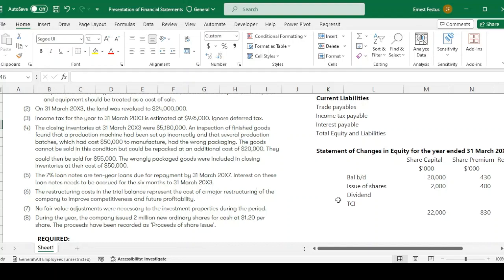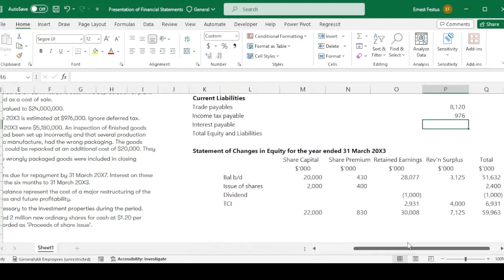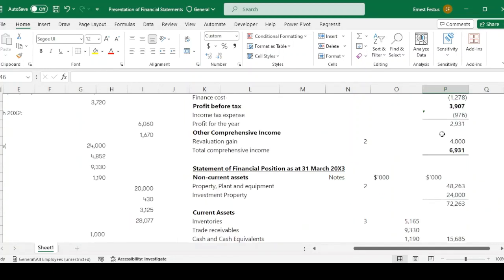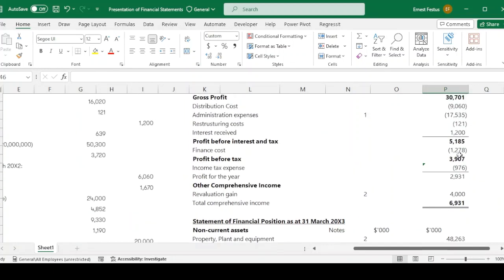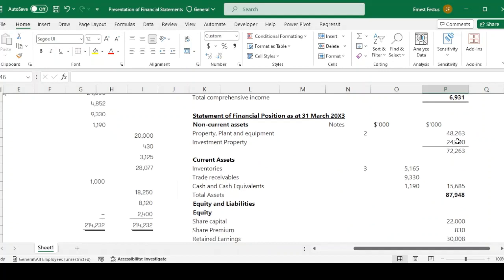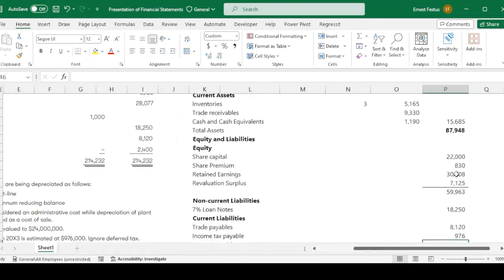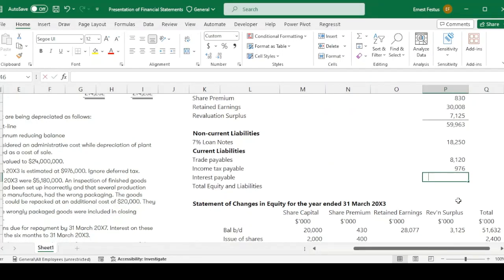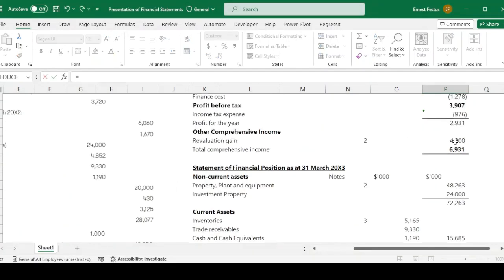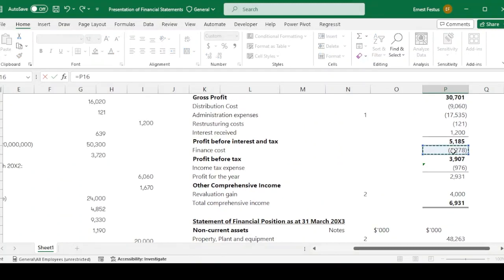So what that means is that we calculated our interest in the statement of profit or loss to be 1278, and half of this amount is outstanding at the end of the period. So we'll come here, and I'm going to link this particular figure.